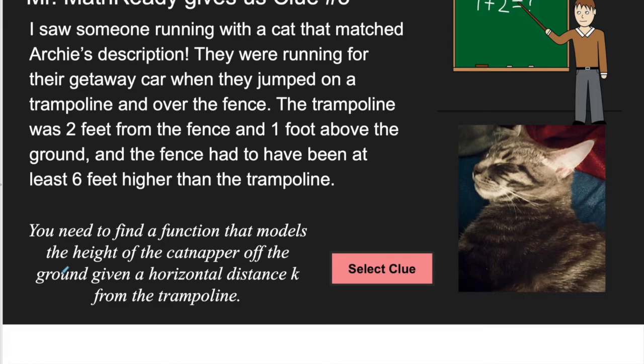If we take a look at what we need for our function, it says we need to find a function that models the height of the catnapper off the ground, and the k, the x, which we call k in this situation, is how far we are away horizontally from the trampoline.